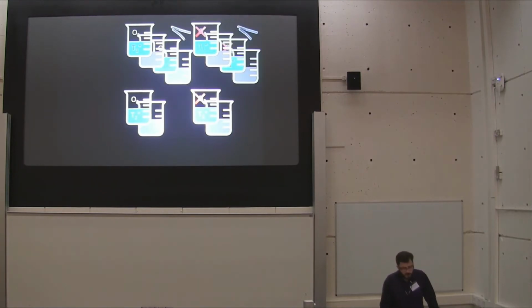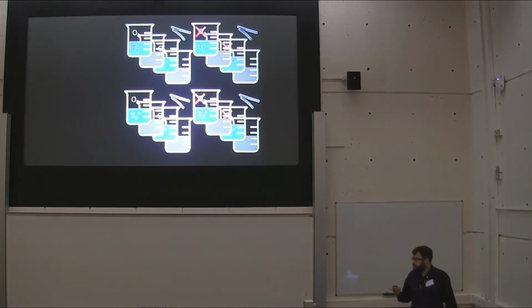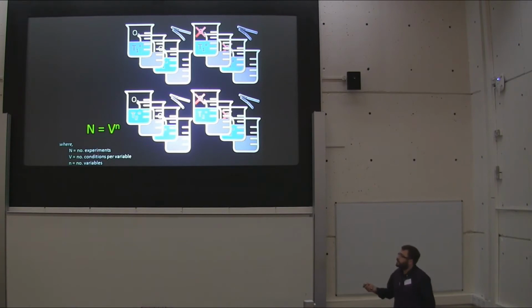And the more variables that we add, we increase the number of experiments that we have to run alarmingly, in fact exponentially, as described by this little formula here, to the point where if we want to make any attempt to accurately describe a complete depositional environment, we'd have to run more experiments than one person, or indeed an army of undergraduates, could achieve.